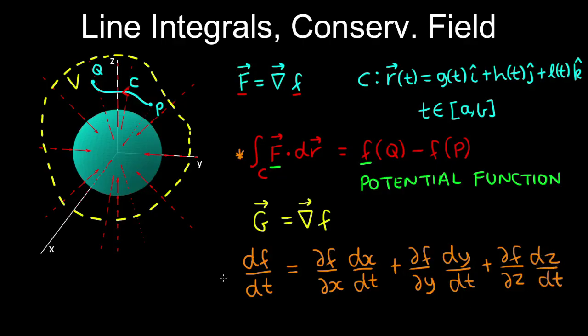We can see this expression is the dot product between the gradient of f and the velocity vector.